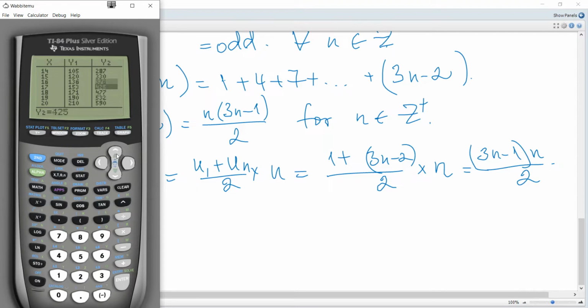And if you consider values from 200 to 300, you can see that there is the same value. It's 210.